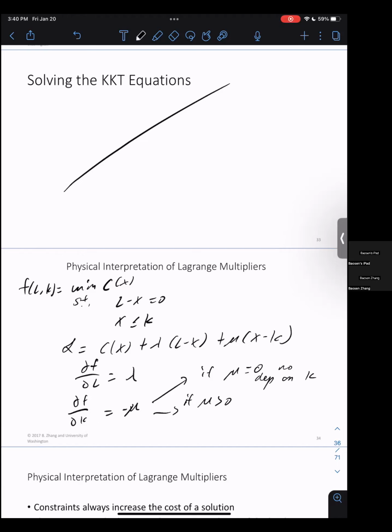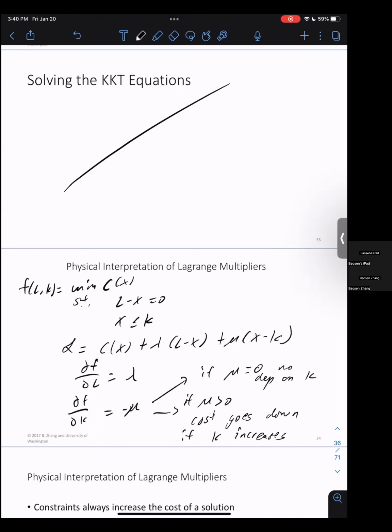Which makes sense. I make the problem easier to solve if I make K larger. If I increase K, x can range over a larger space, so of course the cost has to go down. You have more choices for x. So here it says that cost goes down if K increases.